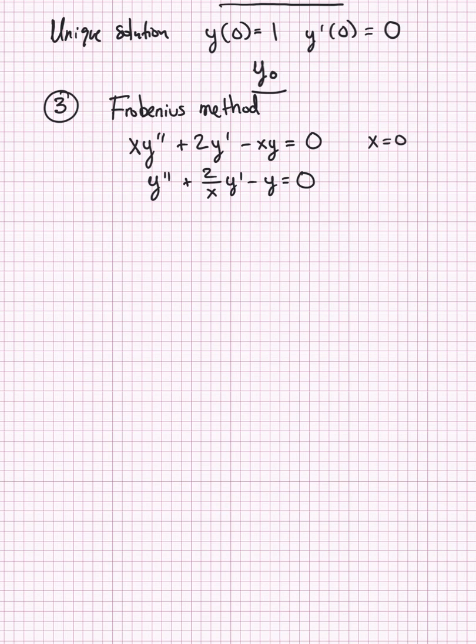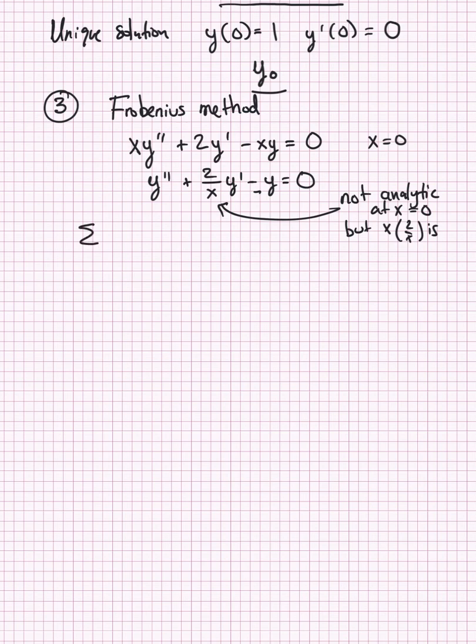And luckily for us, well, this is not analytic, not even defined at x equals 0, but x times 2 over x is. And the y coefficient is perfectly fine since it's constant. So we can apply the method of Frobenius.